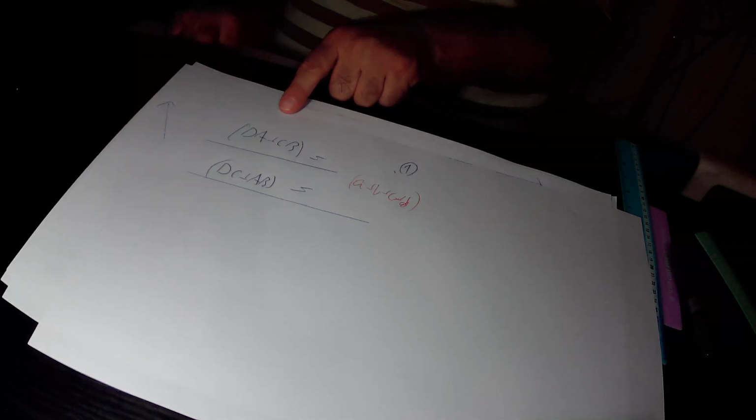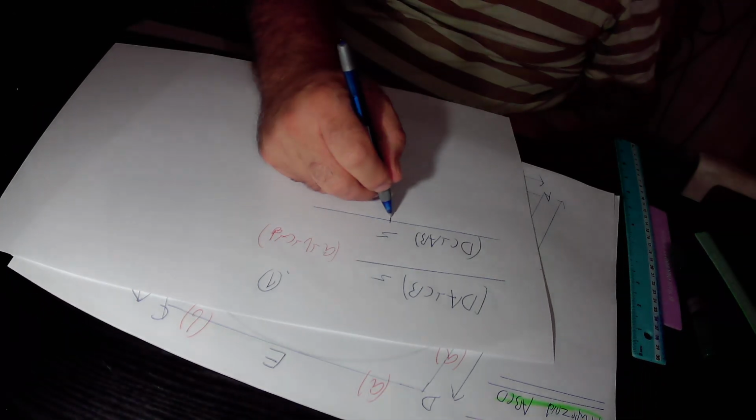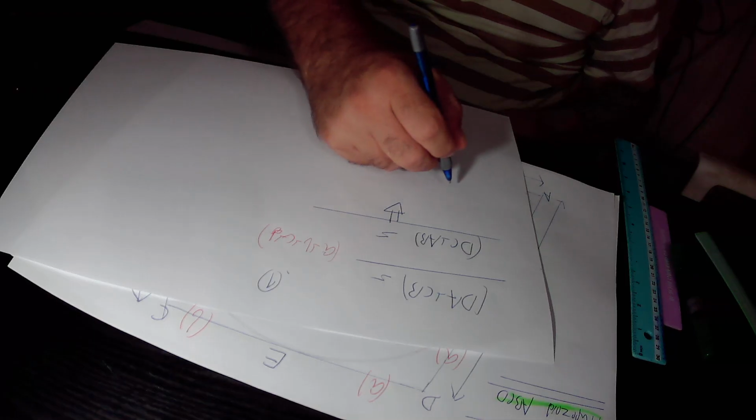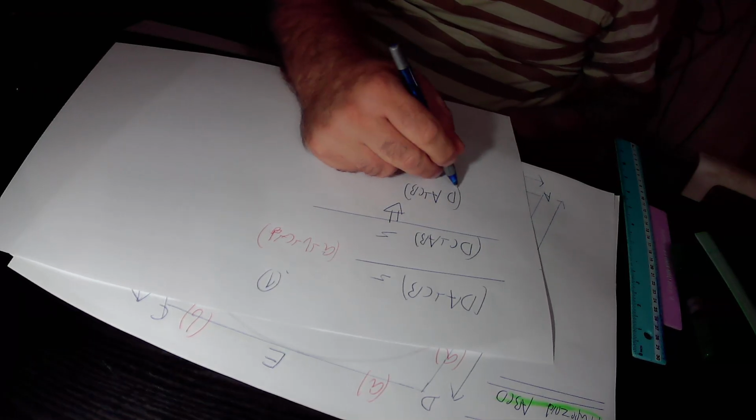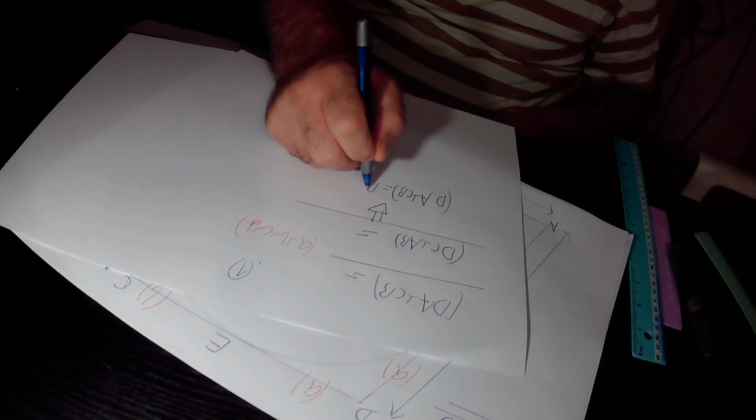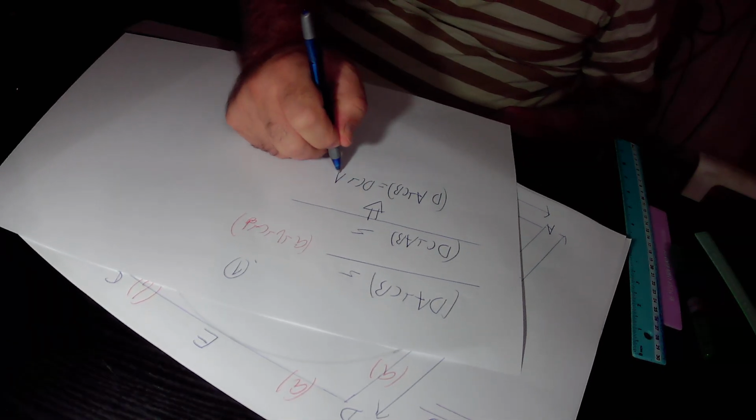So at the moment we found out that DA plus CB equals DC plus AB.